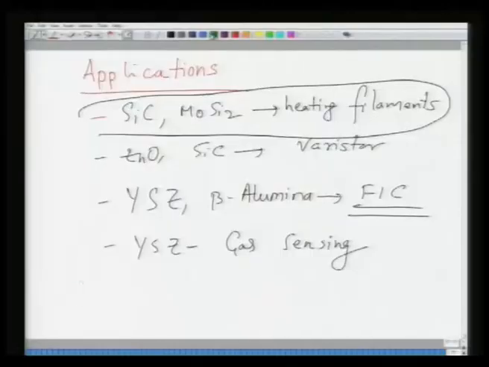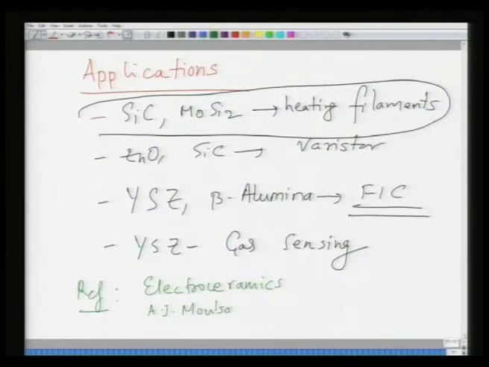Now, if you want to go into details of applications, since we can't cover everything in this course, you can refer to a book. The reference for this part would be the Electroceramics book by A.J. Moulson and J.M. Herbert, and this is a Wiley publication.